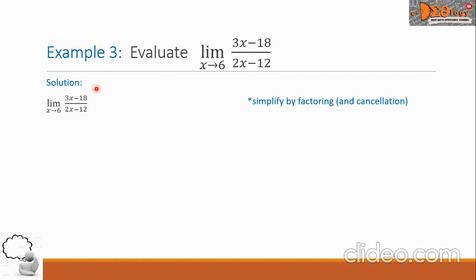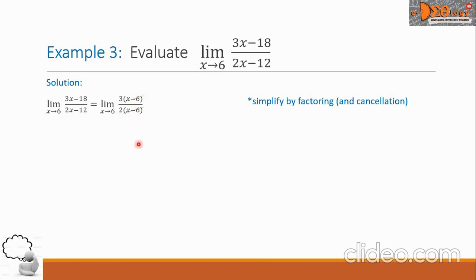In our numerator, there is a common factor, and that is 3. So we have here 3 times the quantity x minus 6. In our denominator, the common term is 2, so we pull it out, and this is times the quantity x minus 6. We can see that the binomial x minus 6 is common in the numerator and in the denominator, and we can cancel it out.